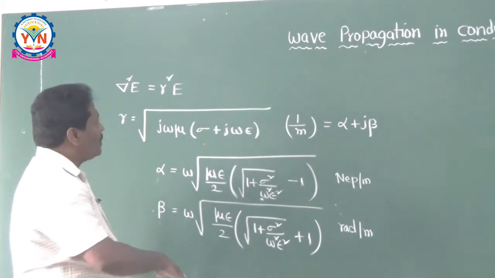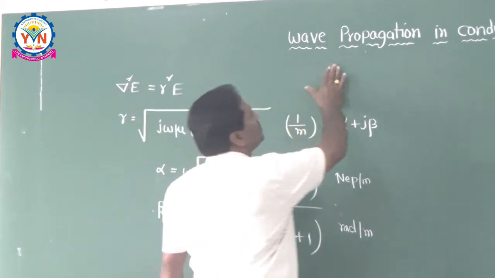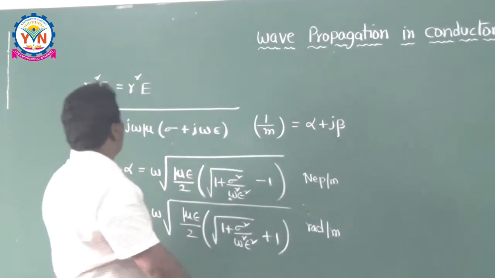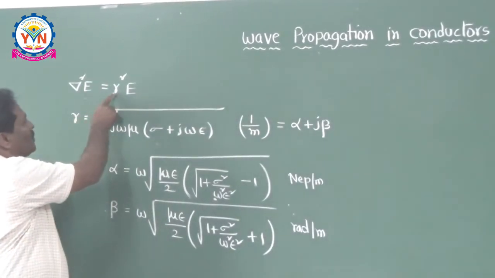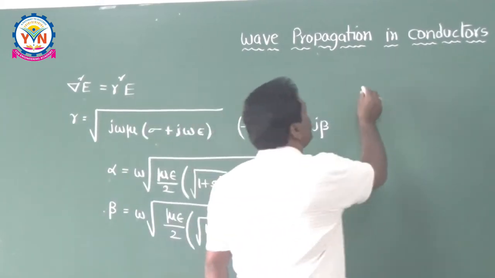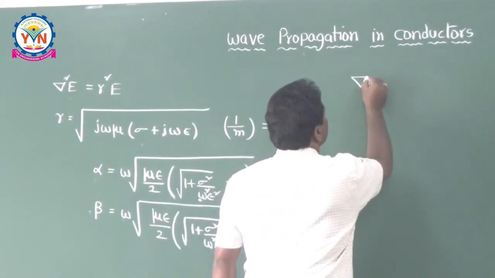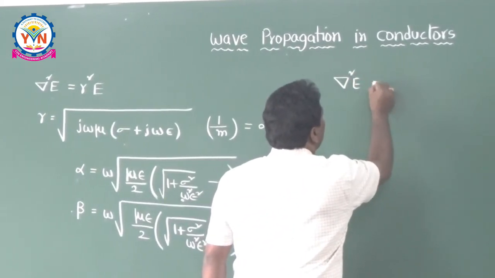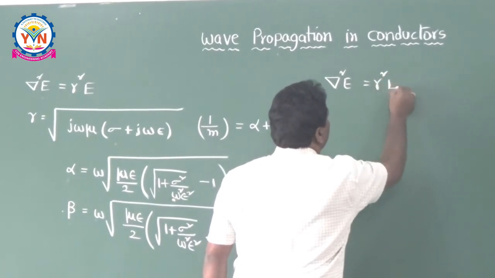Now coming to wave propagation in conductors, you know the wave equation is del square E is equal to gamma square E. And del square E as usual covers 3 directions.